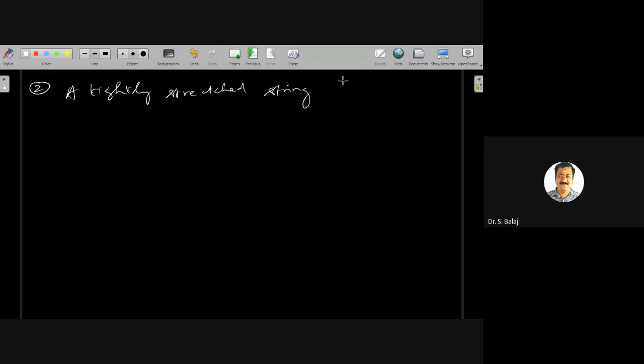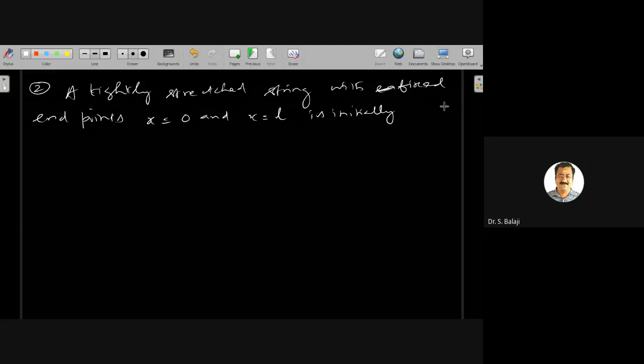A tightly stretched string with fixed endpoints, x equal to 0 and x equal to L, is initially at rest in its equilibrium position.